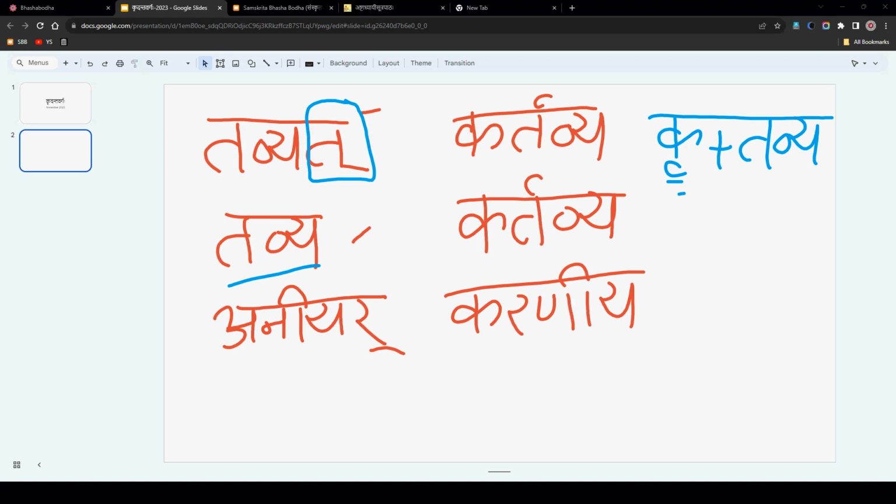The end form is the same, and how we use it is also the same, no difference. Kartavya. Aneeyar, there is an it letter Refa, and then Aneeya, add it, then becomes Karaniya.